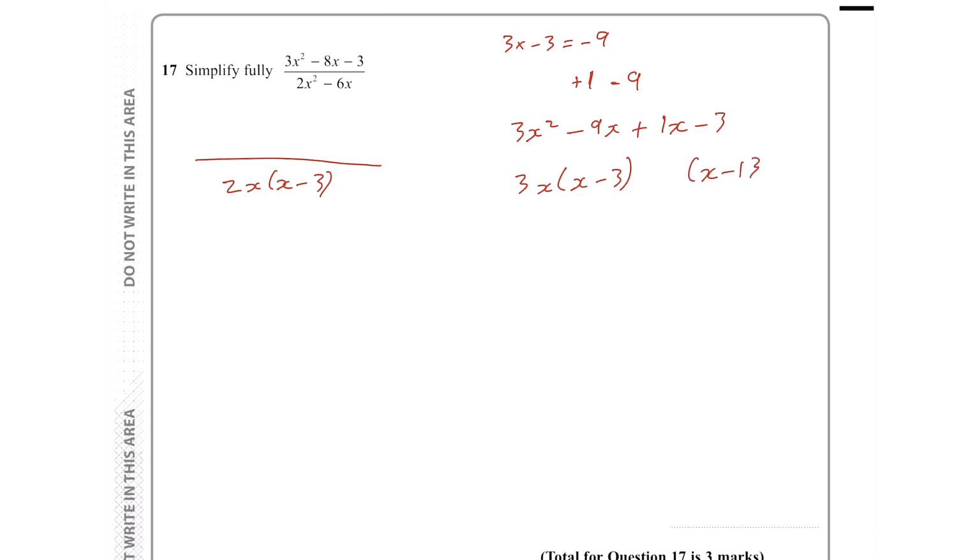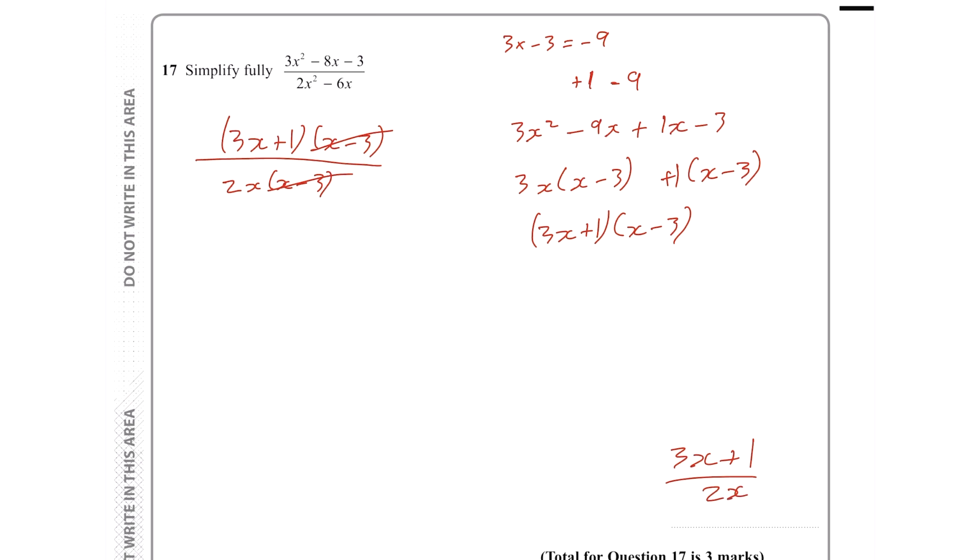You can write x minus 3 there, and then we are left with the 1 there, so that's 3x plus 1, and that's x minus 3. So we can then write that as 3x plus 1, x minus 3 over 2x, x minus 3, cancel that out, and then we are left with 3x plus 1 over 2x.